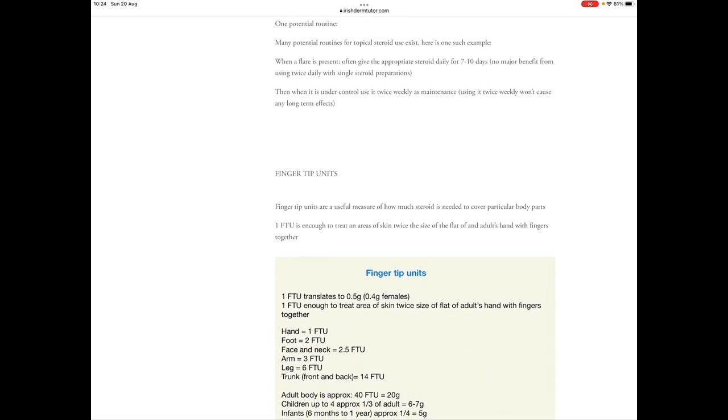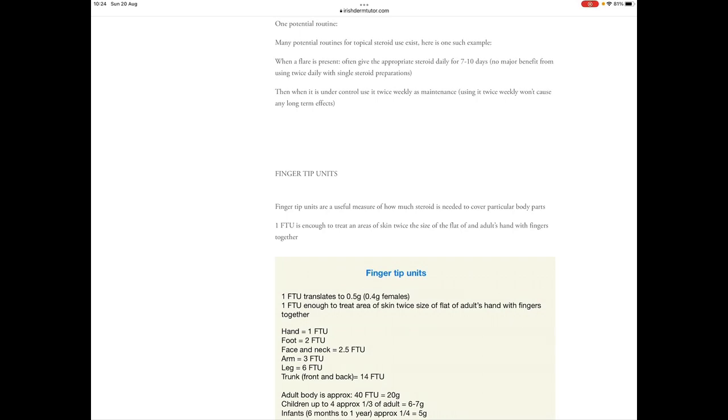So there are obviously many potential routines for topical steroid use, but one example is such that if a flare is present, you'll give the appropriate steroid strength for an appropriate amount of time. So you might give it once a day for 7 to 10 days. In general, there is no major benefit from using a steroid twice a day, especially with single steroid preparations.